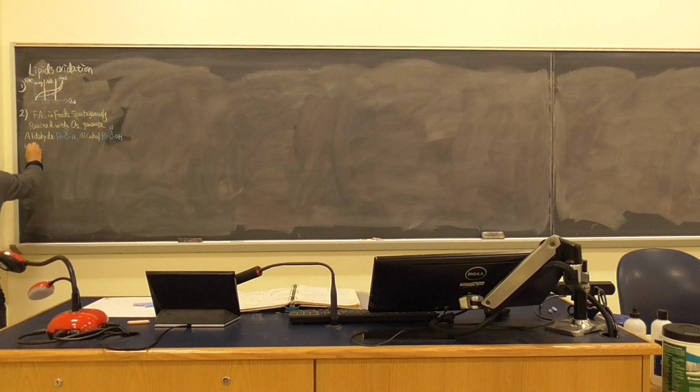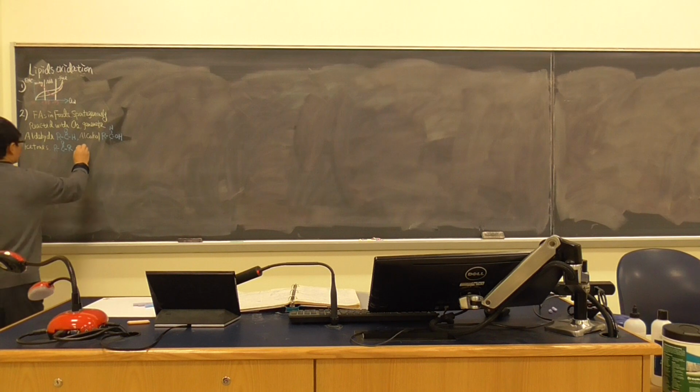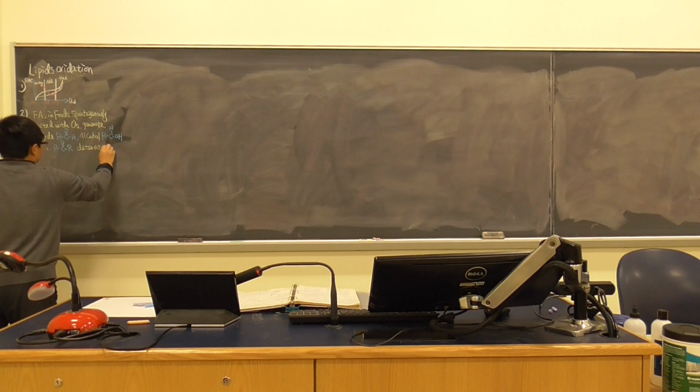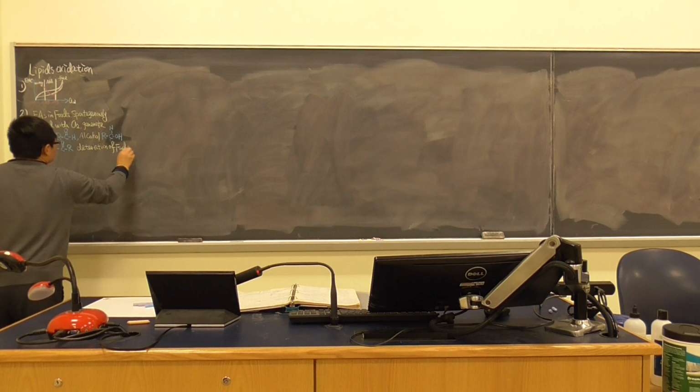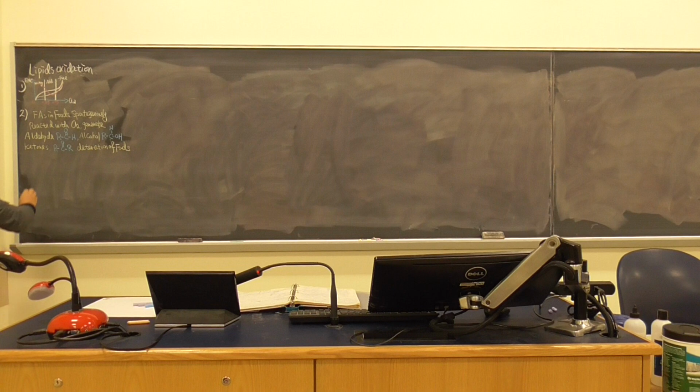Ketones, that is R, a middle carbonyl group, and R, and other chemicals. Of course, it will cause deterioration of food products, and we give it a terminology, we call it rancidity.